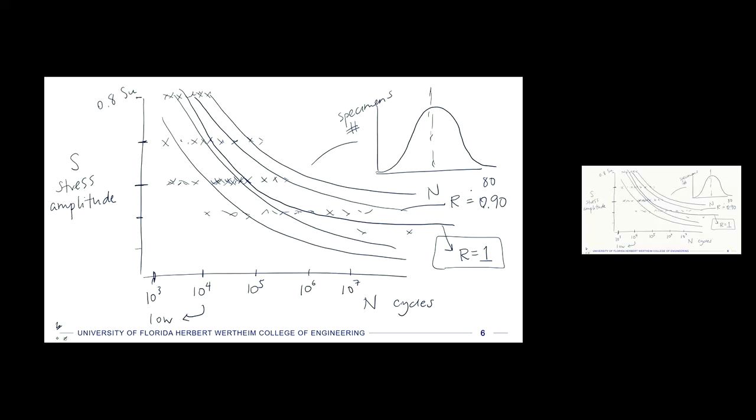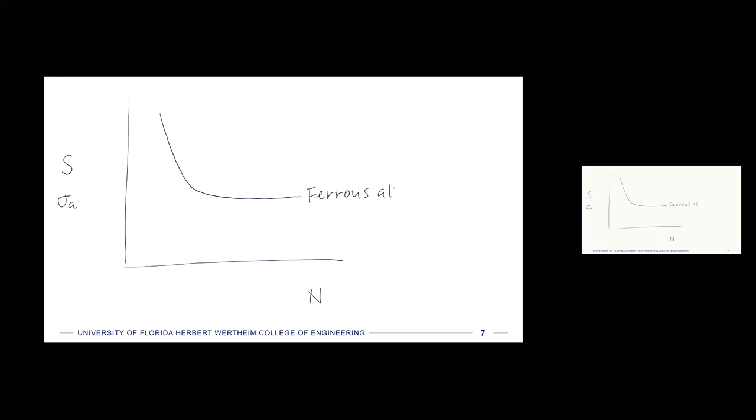There are two classes of materials that were tested, and there's one very big difference between them. So we'll have our stress, which is a stress amplitude. For ferrous alloys and titanium, there appears to be an identifiable asymptote in this plot where it really just goes straight out parallel to the x-axis.